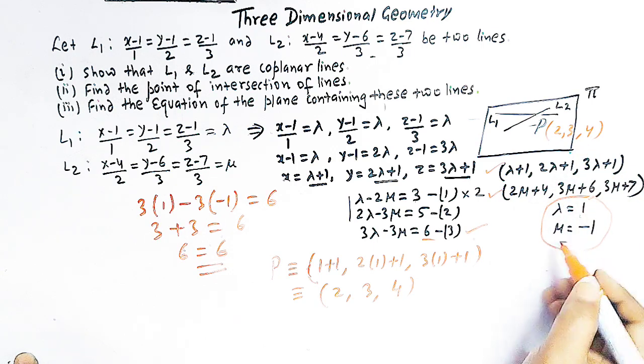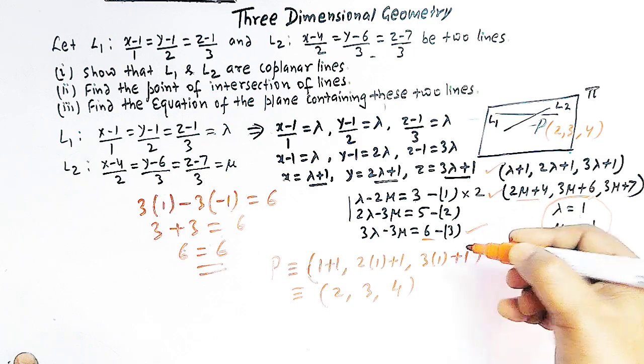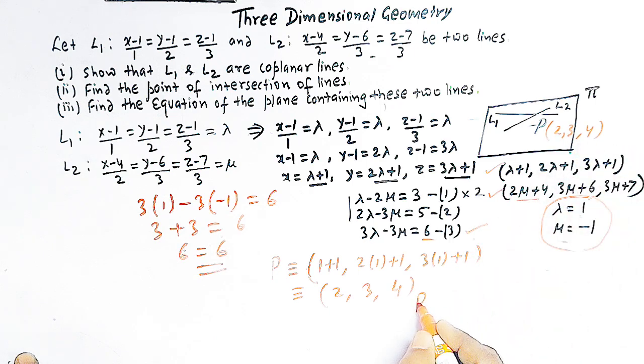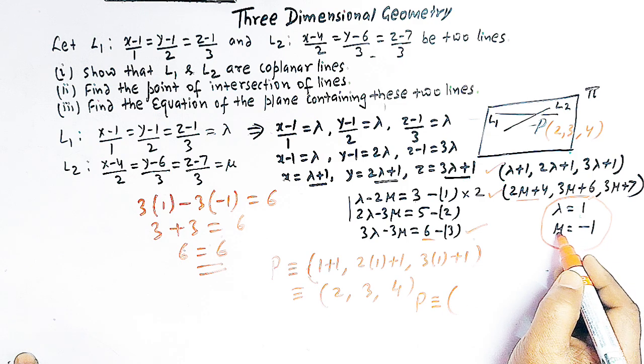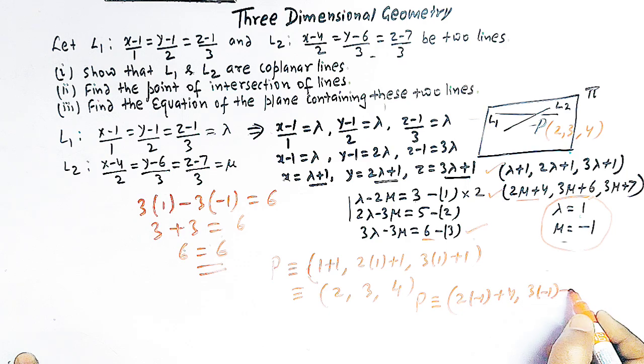Now if we take the value of mu as minus 1 in this coordinate, then also we'll get the same coordinate, right? So let us here substitute mu is equal to minus 1. So we have 2 times minus 1 plus 4, then 3 times minus 1 plus 6, and then 3 times minus 1 plus 7.